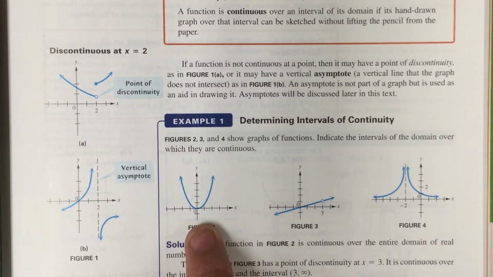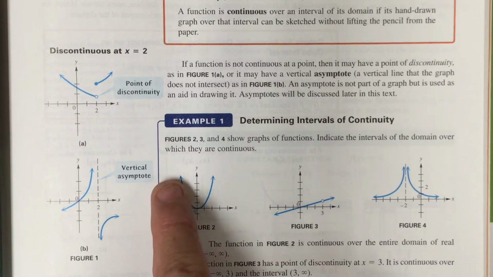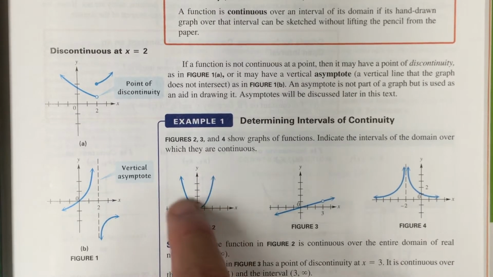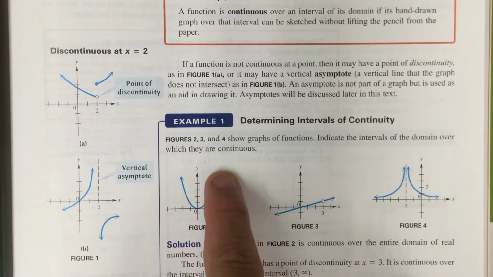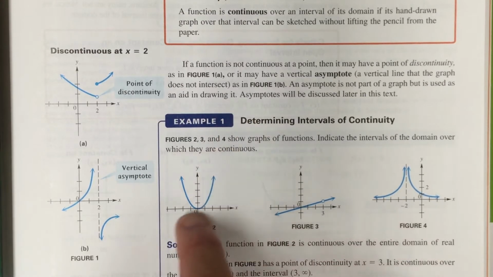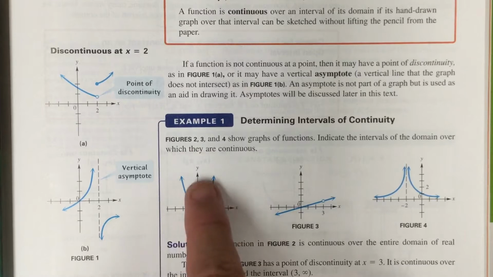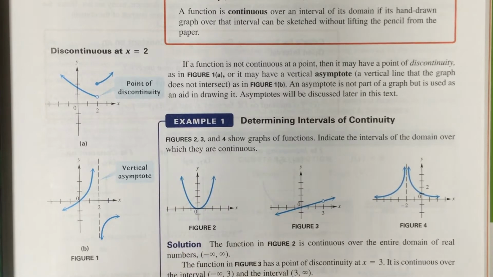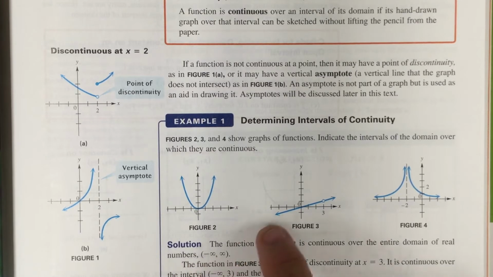So here, for intervals, because this entire graph right here, which we call a parabola, you can go for the duration of the entire graph without ever picking up your pencil, no matter how far up these two arrows take you. It is going to be continuous over its entire domain, which goes from negative infinity to positive infinity.